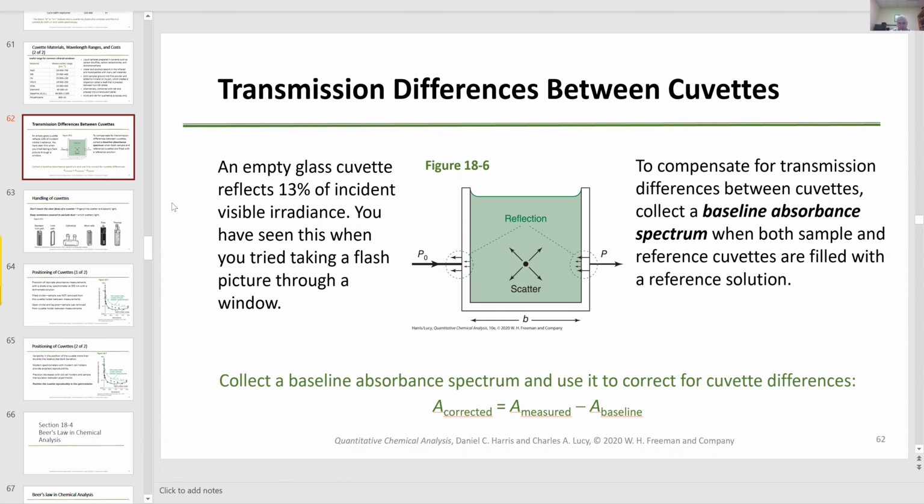So you know how we showed you, using calculus and everything, how the absorption was related to concentration, A equals epsilon BC? Well, there are other interactions that light has with the cuvette, right?